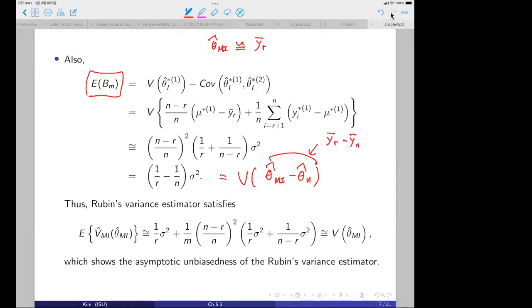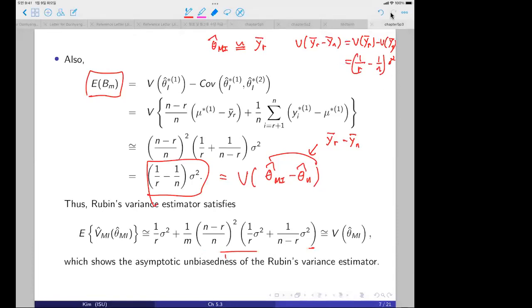What is the variance of y bar r minus y bar n? It is the variance of y bar r minus the variance of y bar n. So that is 1 over r minus 1 over n, times sigma squared. I think it is this one.